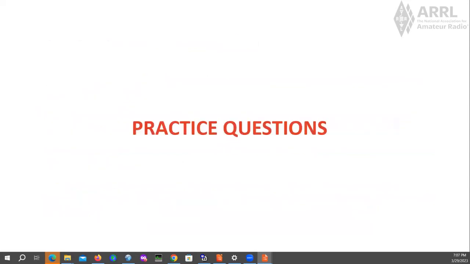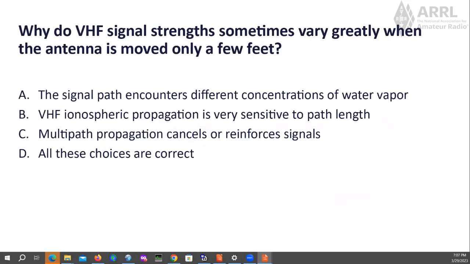Practice questions. Why do VHF signal strengths sometimes vary greatly when the antenna is moved only a few feet? The answer is C. Multipath propagation cancels or reinforces signals.